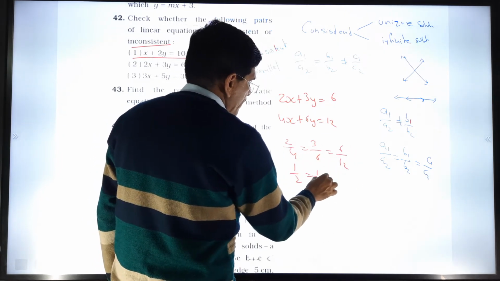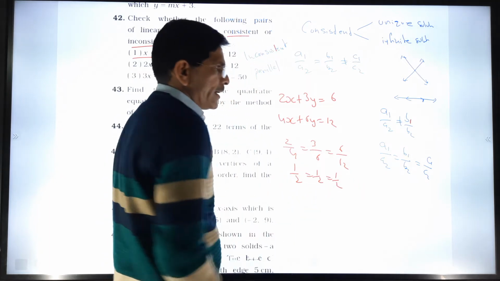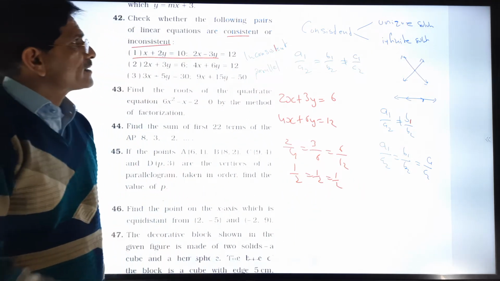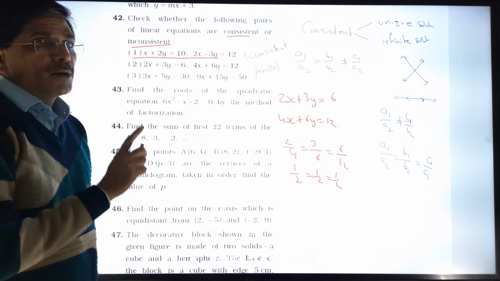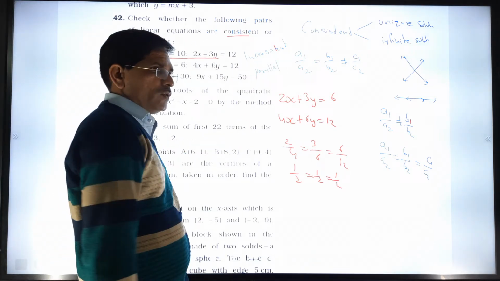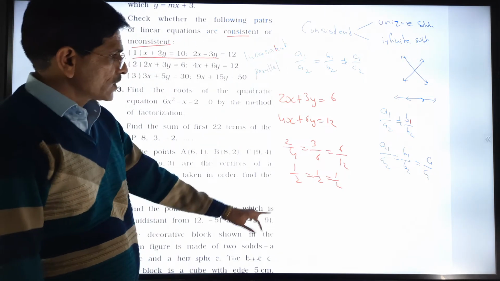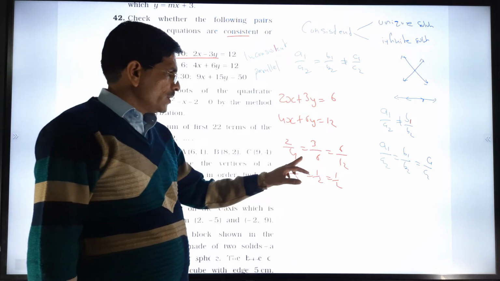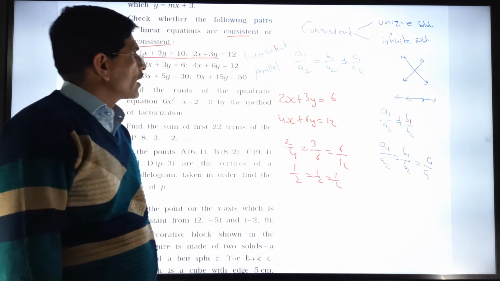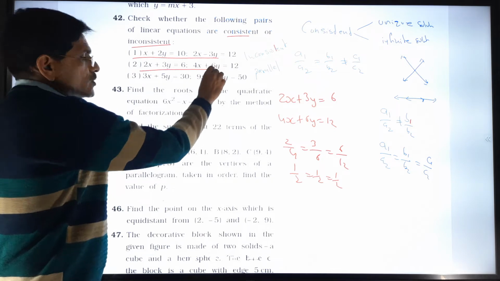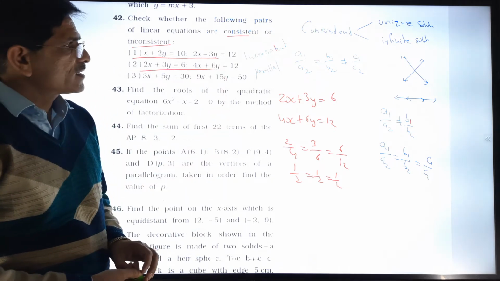Every time we get the same answer, 1 by 2. So we can say again it is consistent, but it has an infinite solution, that is called dependent. So 1 upon 2 is equal to 1 upon 2 is equal to 1 upon 2. So again it is also consistent.